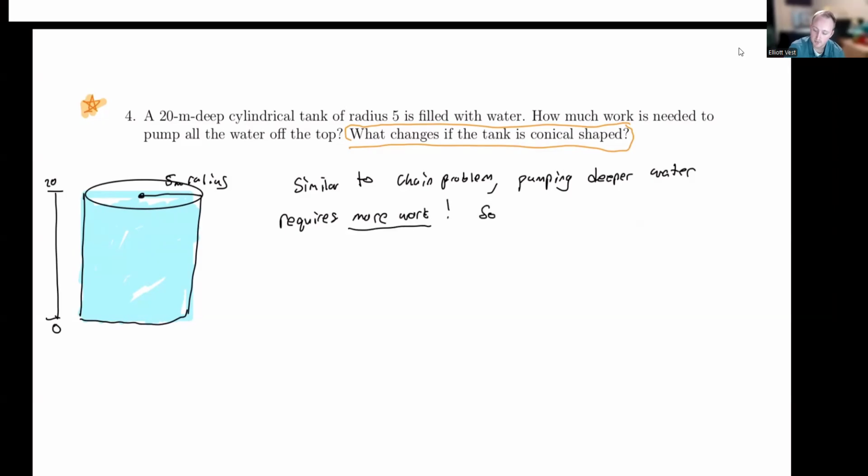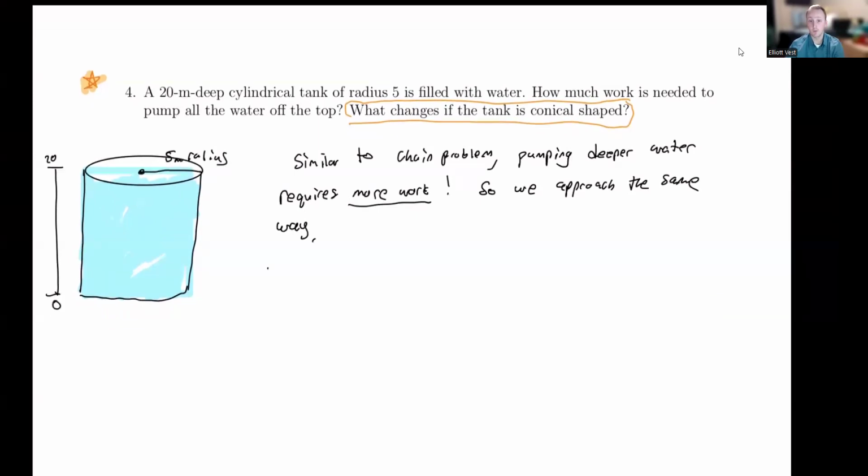So we approach the same way. So how do we approach it before? We divided this tank, or this situation here, this picture, into itty-bitty intervals.